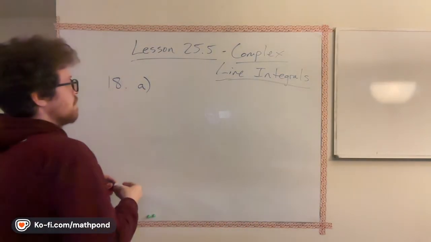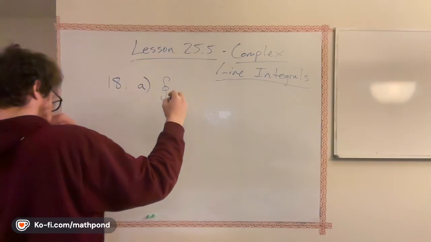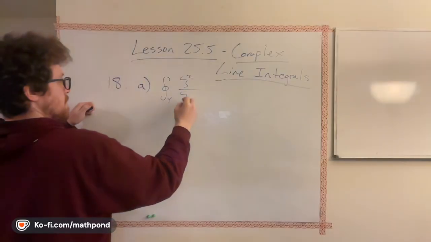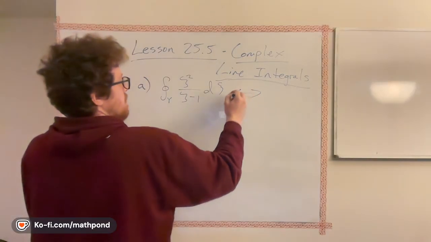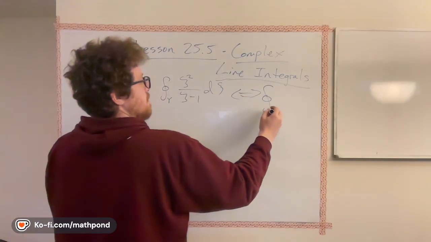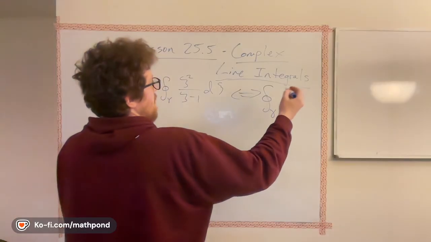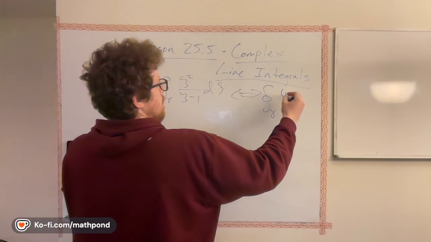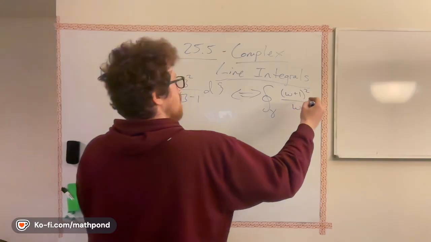All right, so the old integral was the integral of zeta squared over zeta minus 1 d zeta. We're going to change coordinates, so this should be equivalent to an integral over the same path, and it will be w plus 1 squared over w dw.